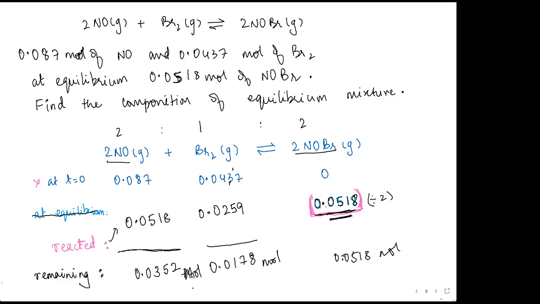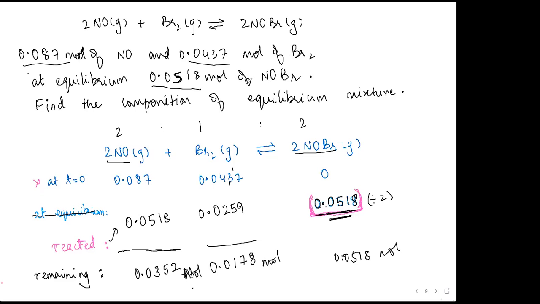Again, this is more of a stoichiometry based question. Like in the first chapter you guys did reactions, right? Stoichiometry calculations. So another way of phrasing this question would be initially these many moles of NO and Br2 are taken. After the reaction has happened, it was found that you had these many moles of NOBr.